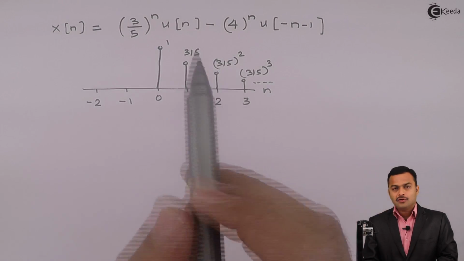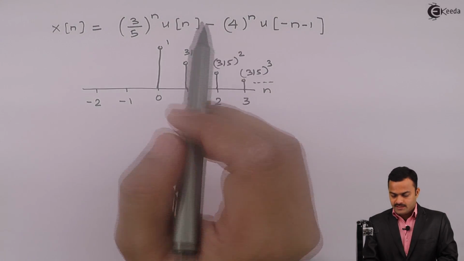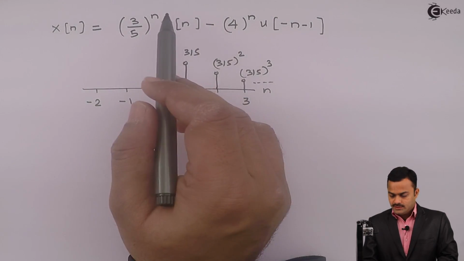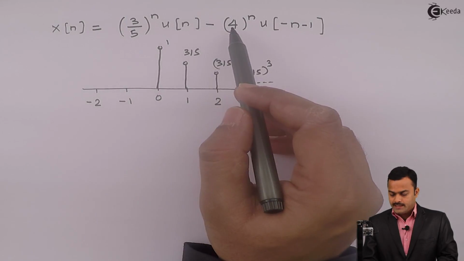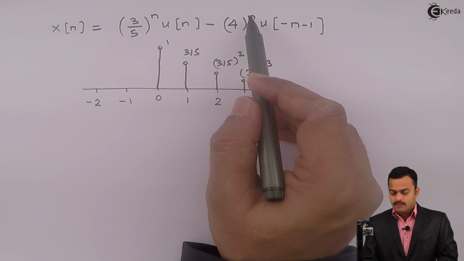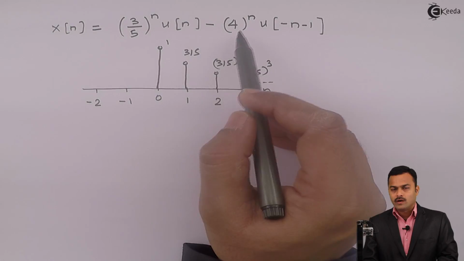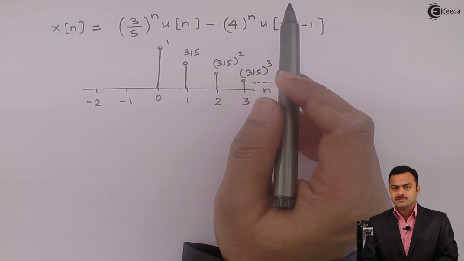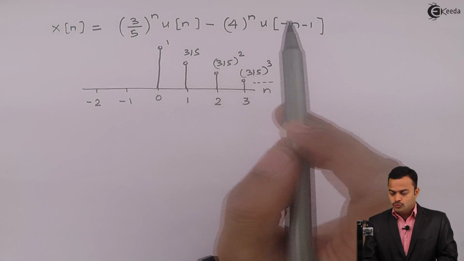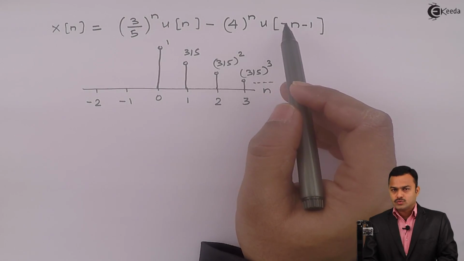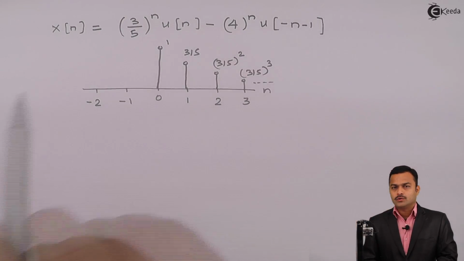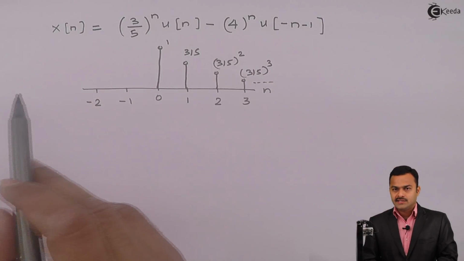Here, 4 raised to minus 1 is 1/4, and u of minus n minus 1 has the value 1, just like u of n, but it exists for negative integers.